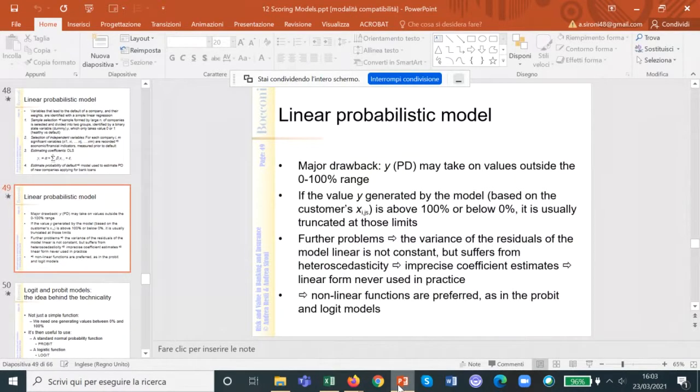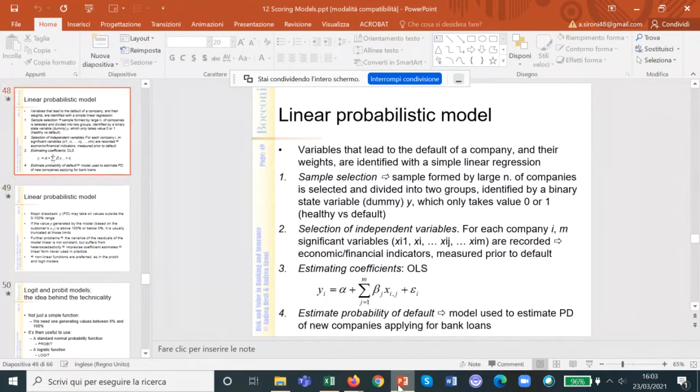Now, what is the problem with the linear probabilistic model? Now, the problem is that if we apply this regression analysis, it could well be that if we estimate y for a company out of sample using the beta coefficients, we could get a value for y which is below 0 or above 1.